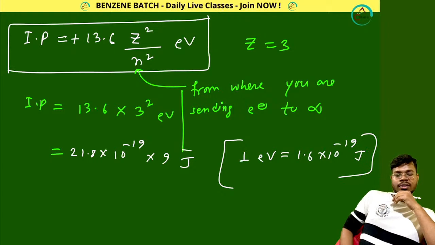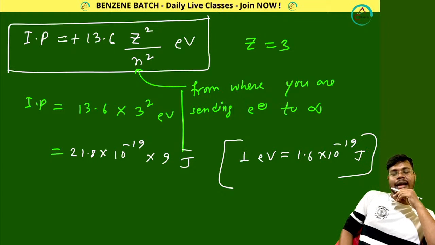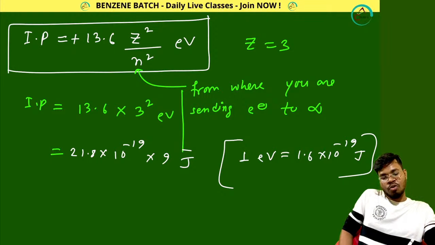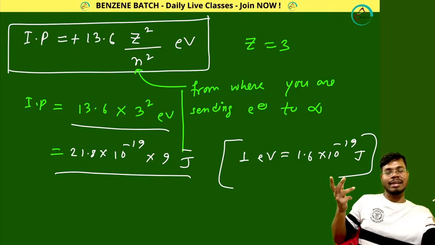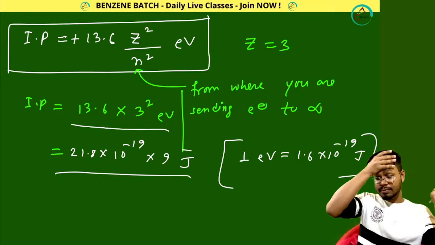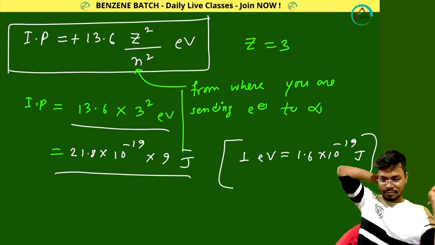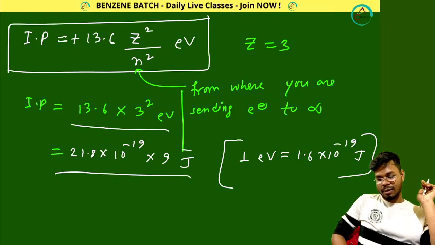This is the important relation that you need to remember. So your ionization potential value will be in joule in this and in electron volt in this. Just do the multiplication with 9 and this, and you will get that. It's quite simple. That's all. Fine.